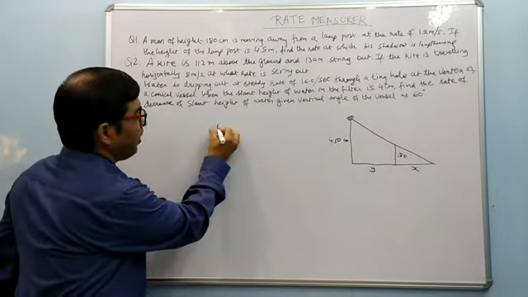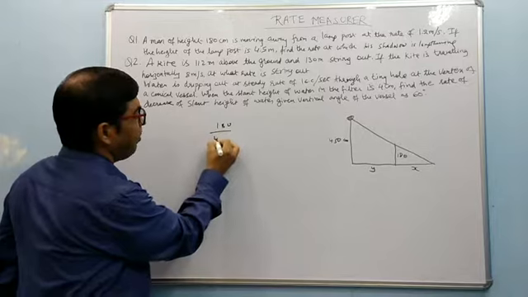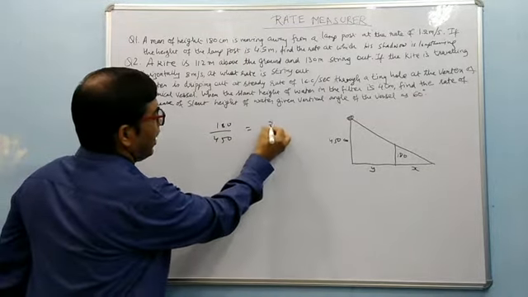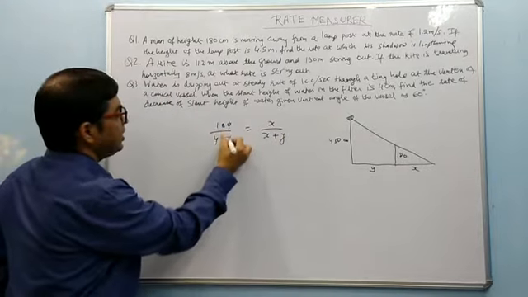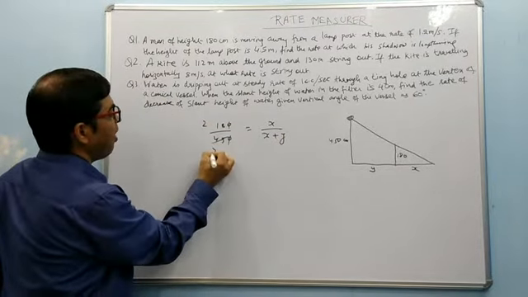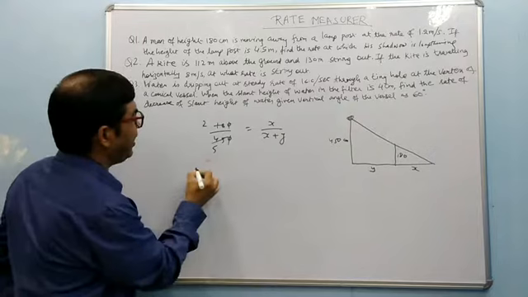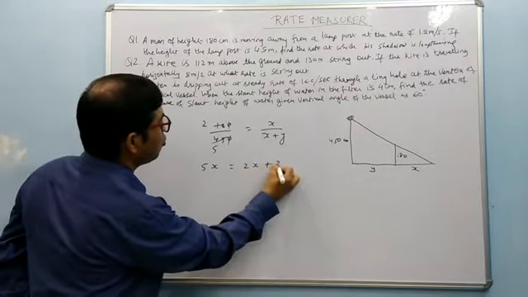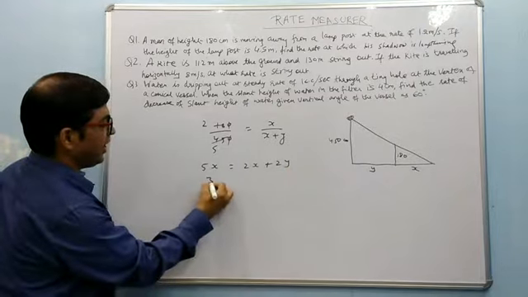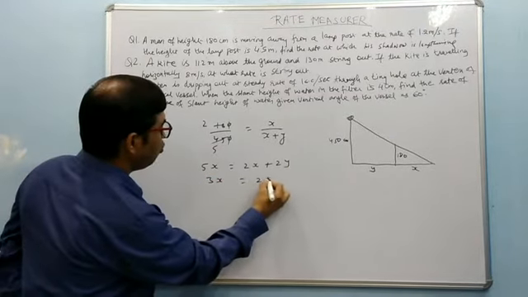It is coming out to be 180 divided by 450 is equal to x divided by x plus y. So this is 2 by 5 on cancellation with 9. So 5x is equal to 2x plus 2y. So 3x is equal to 2y.